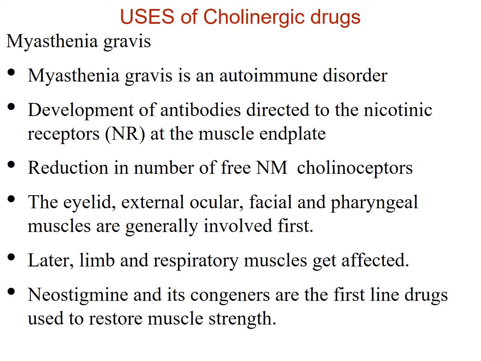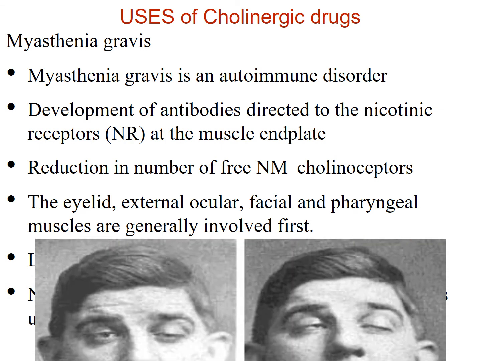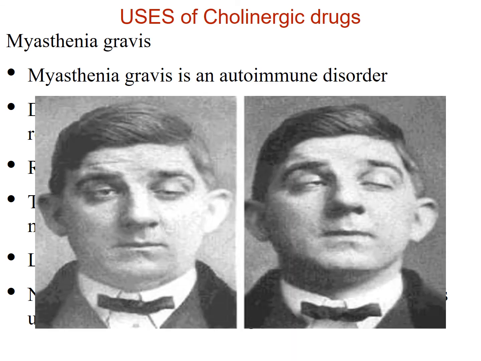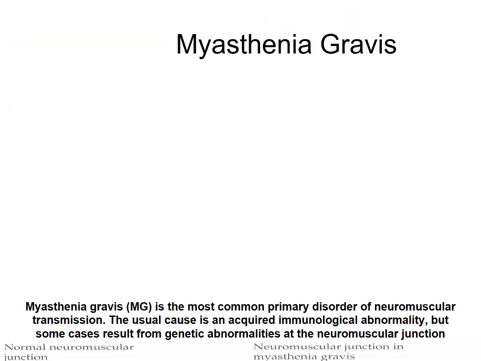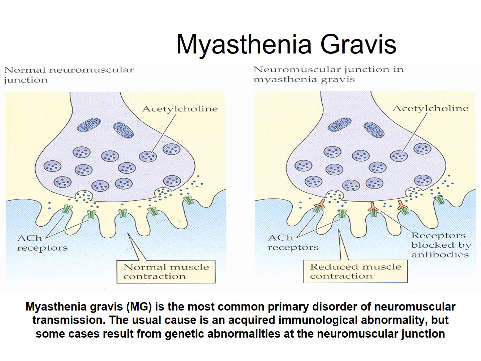Neostigmine and its congeners are the first line drugs used to restore the muscle strength. In this diagram you can see the ocular and eyelid muscles which are involved, leading to ptosis, weakness of muscles because of myasthenia gravis. In this diagram you can clearly differentiate the normal neuromuscular junction and the neuromuscular junction in myasthenia gravis.